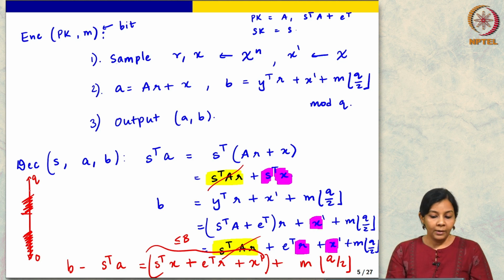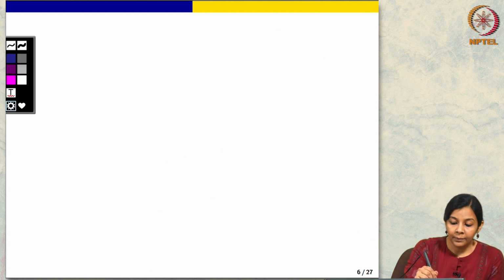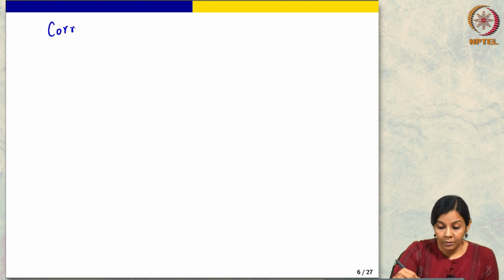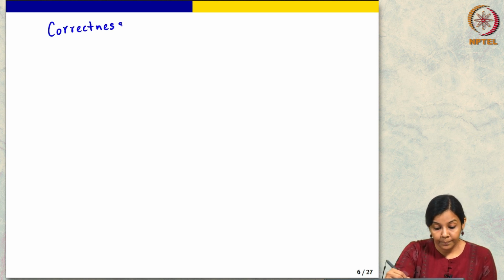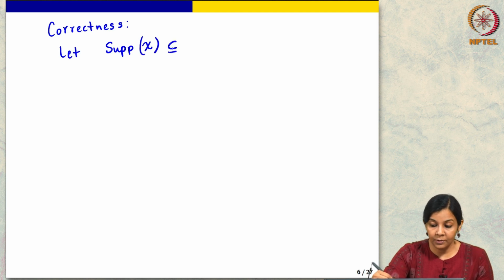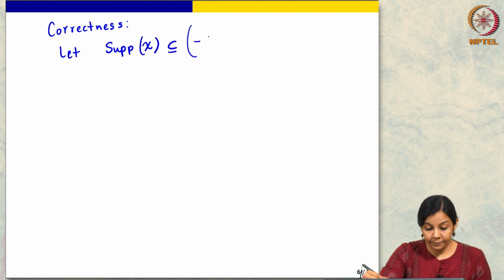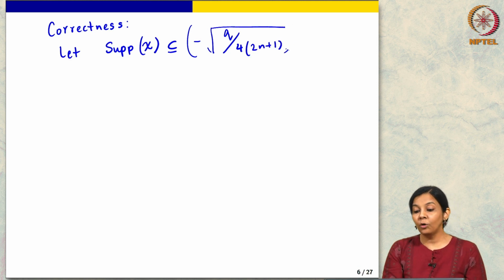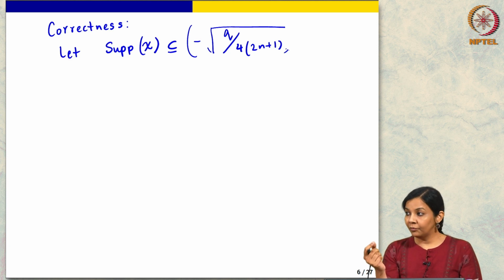Okay. So, let us write down correctness. Let me say that the support of chi. So, again not getting into the distribution of chi, but if I can say that this is my support, for any sample chosen from chi, I can bound its value.